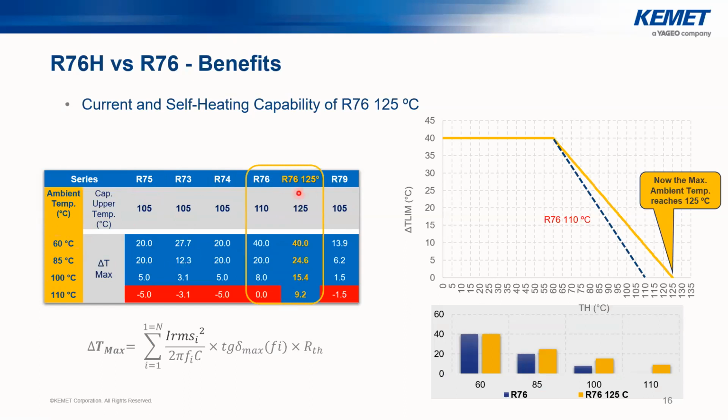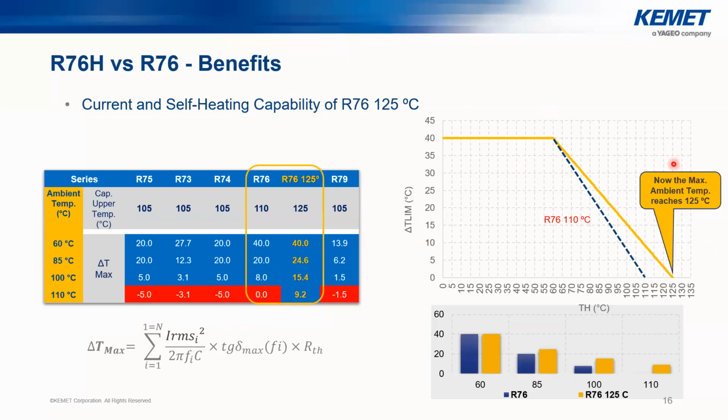So from the performance point of view, we see that the R76H has the best performance in self-heating capabilities. And at 100 degrees, we see that it has the double value of the previous one, which leads to higher current capabilities. That means at the same operating temperature, we can have higher current capabilities than our previous series.